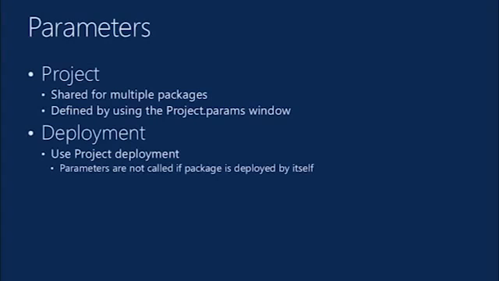Now you're going to notice, of course, it's defined using a different window, project.params. The big thing is when you deploy it. Because if I deploy out the individual package, it's going to be pointing at a parameter that hasn't been deployed, so you do need to use project deployment, so that all my parameters will make the trip, and now our package will actually be pointing at something worthwhile.